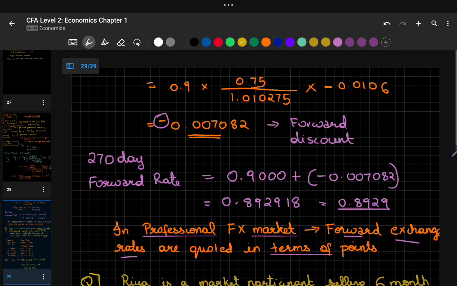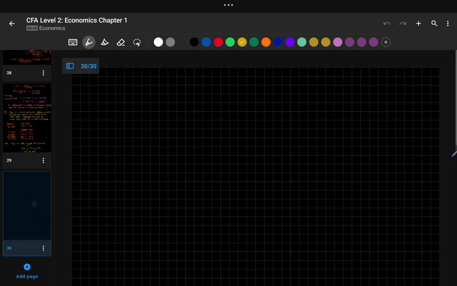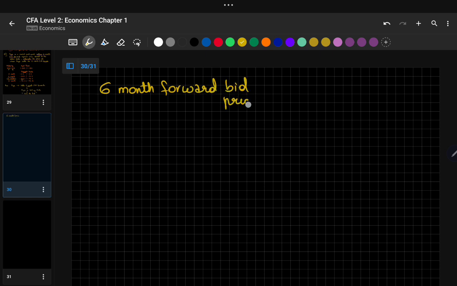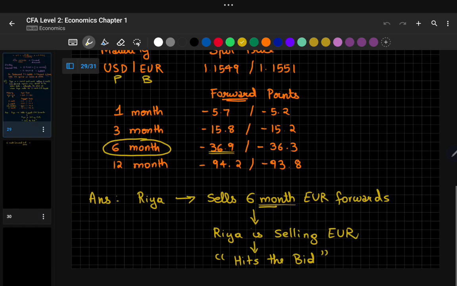So how can we calculate it? To calculate the 6-month forward bid price, first I would need the spot price.